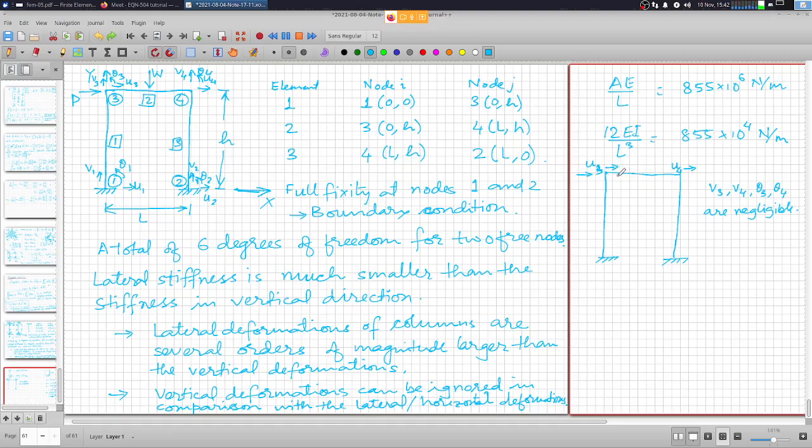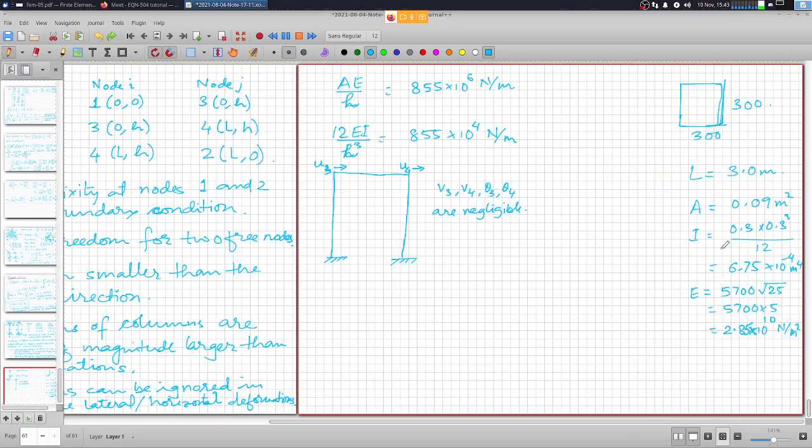And this beam also has axial rigidity, again of the same order. It can be AE by L. Here H is something that we took as 3, so L can also be 3 meters.